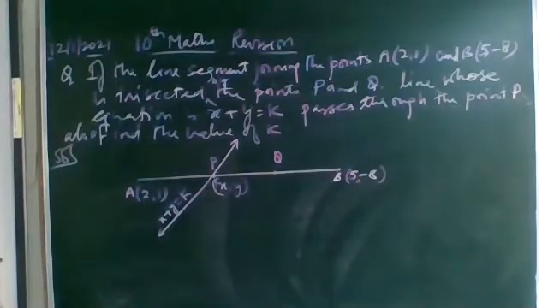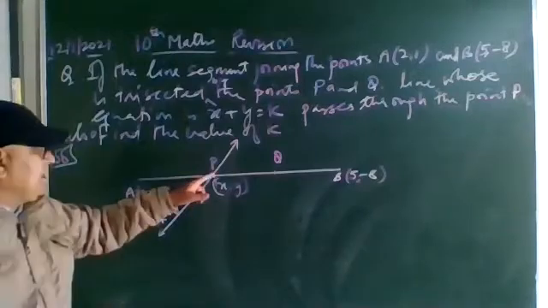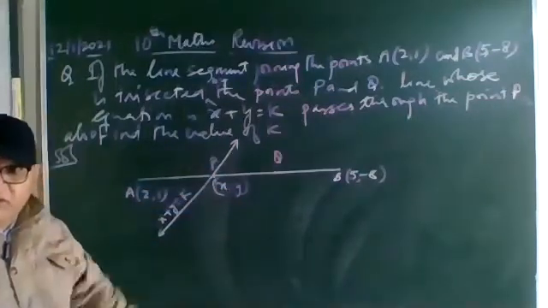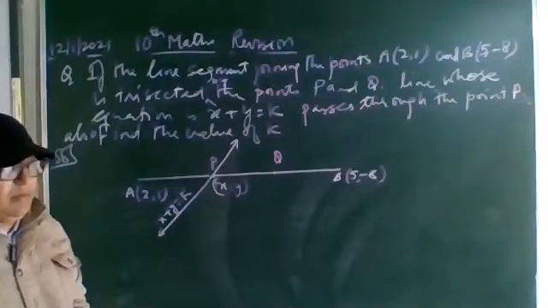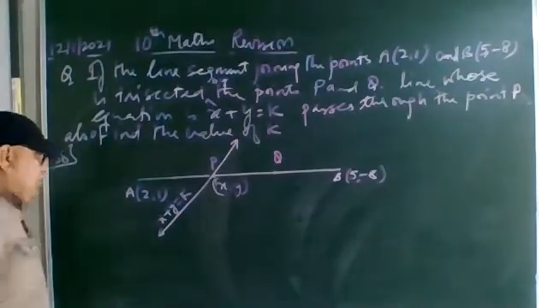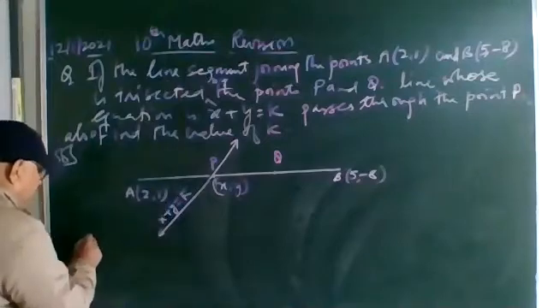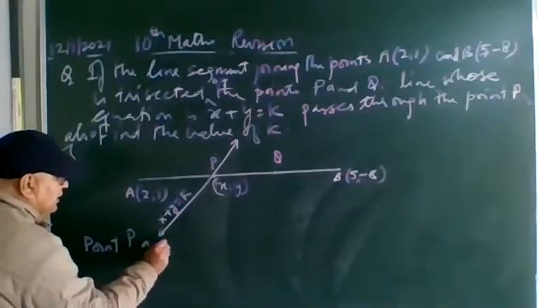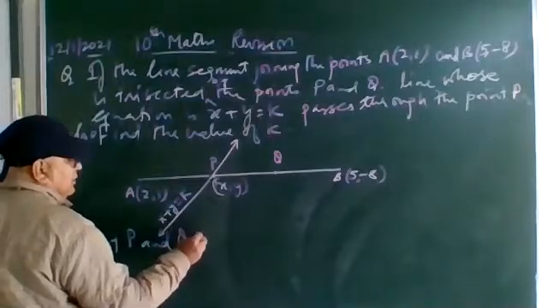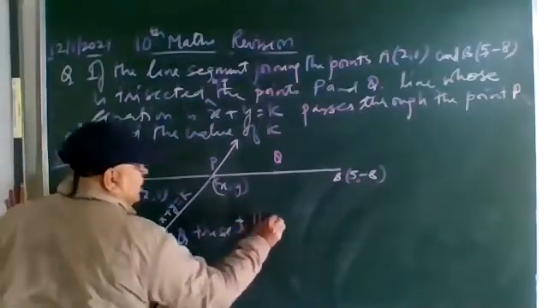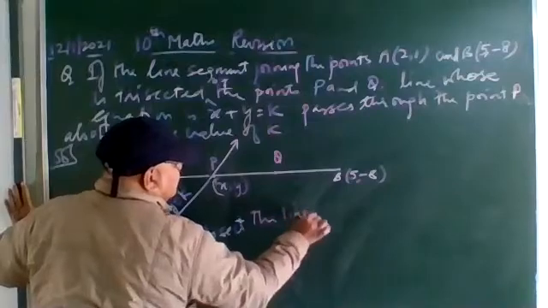Or sometimes they ask to find the coordinates of P and Q. Only you have to find out the coordinates of points P and Q, and you can apply the section formula. So you can write here: points P and Q trisect the line segment.